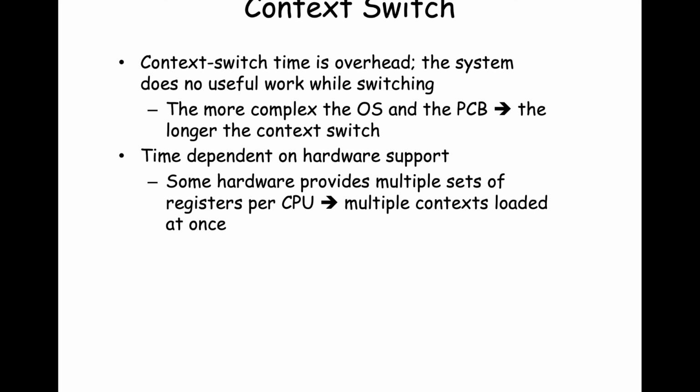So this takes time, and during that time, no other work can happen because the CPU is busy doing this through the operating system. The more complex the operating system, the bigger the PCB and the longer the context switch. If you have a very complex operating system, your PCB stores more information, and it's going to take more time to read the PCB onto the CPU or write the PCB from the CPU.